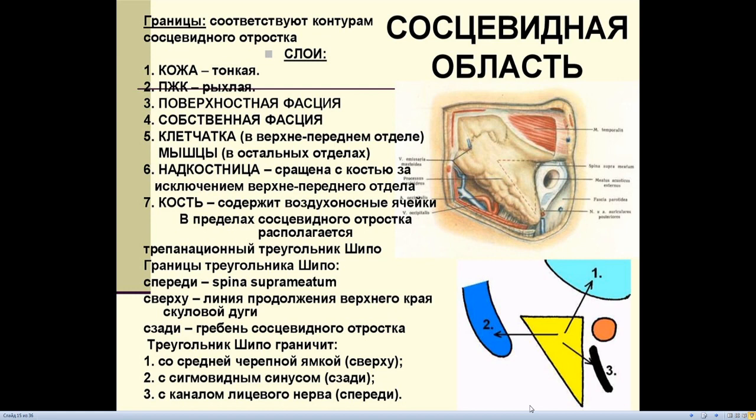Inflammation of the cells of the mastoid process is called mastoiditis, and the treatment of this disease is trepanation of the mastoid process.